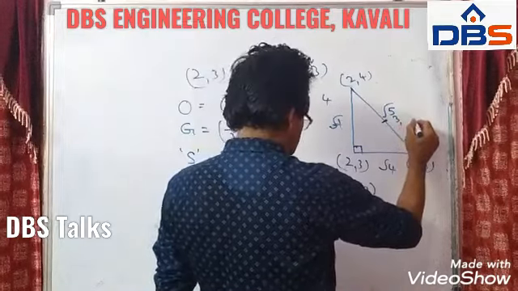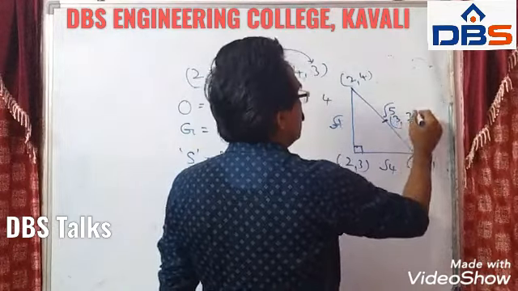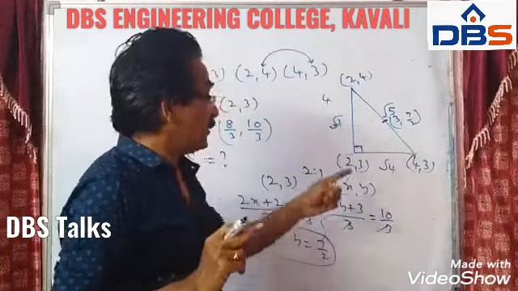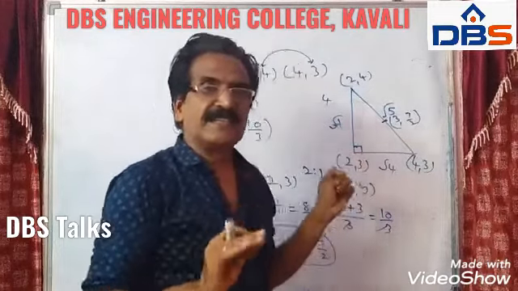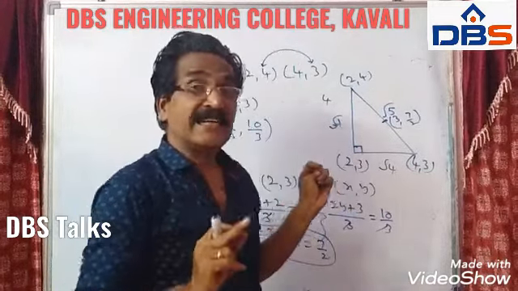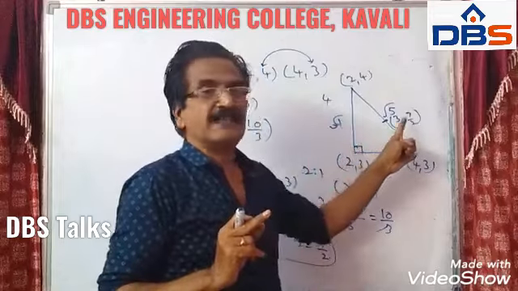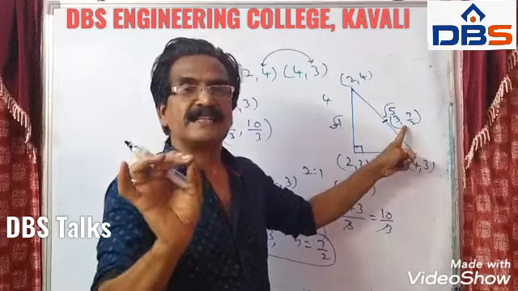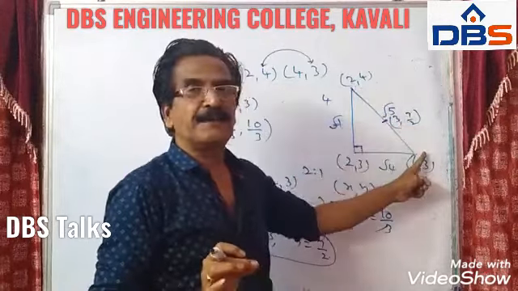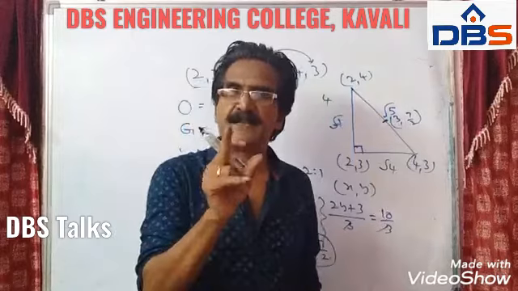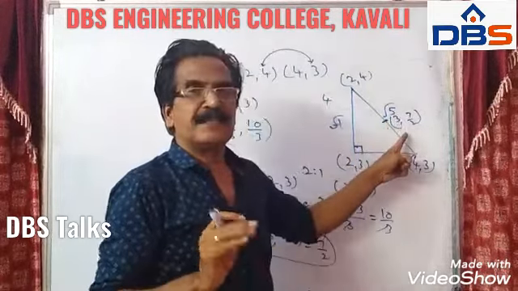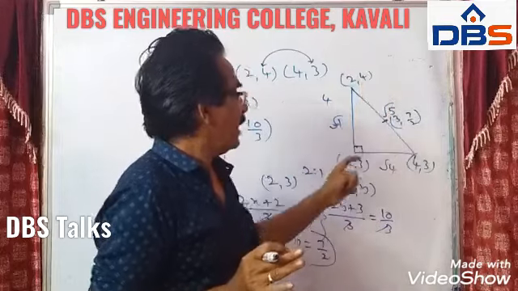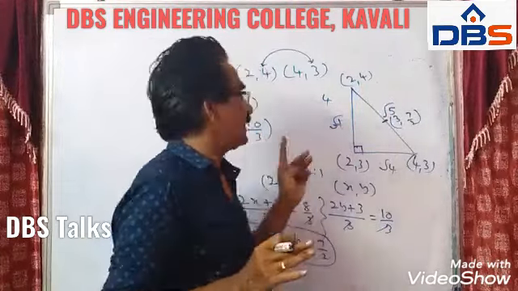So the midpoint is (3, 7 by 2). So for a right angle triangle, we need not find the orthocenter, and we need not find the circumcenter. Circumcenter is nothing but the midpoint of the hypotenuse. Right friends, very important. Circumcenter is nothing but the midpoint of the hypotenuse, and this is the orthocenter.